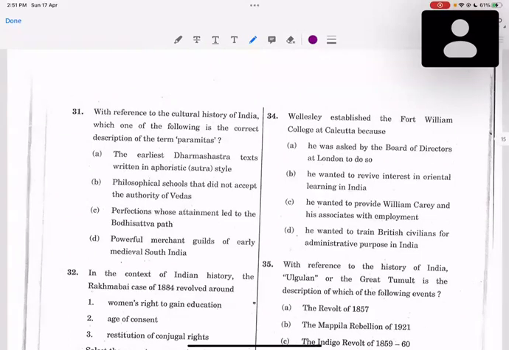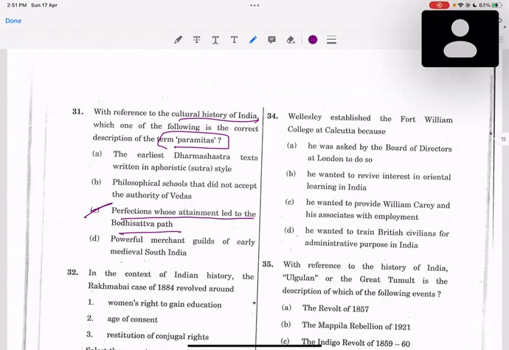All right. With reference to the cultural history of India, which one of the following is the correct description of the paramitas? This question, some of you might have read it, some of you not. Such questions have to be left. The answer is that paramitas basically means perfections whose attainment led to the bodhisattva path. Buddhism and Jainism are very vast topics.